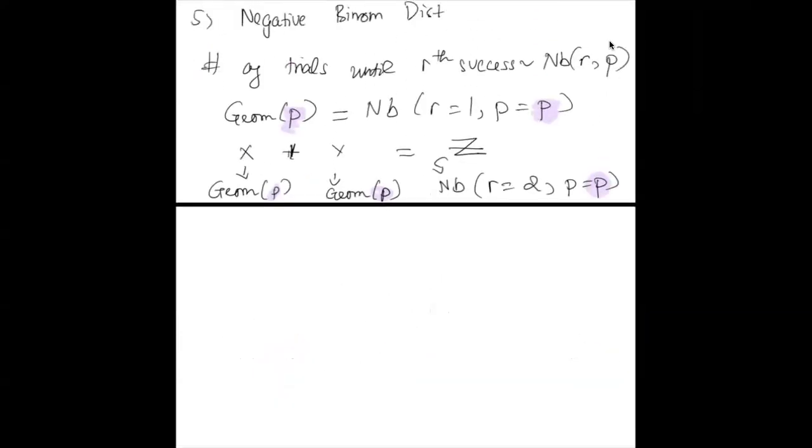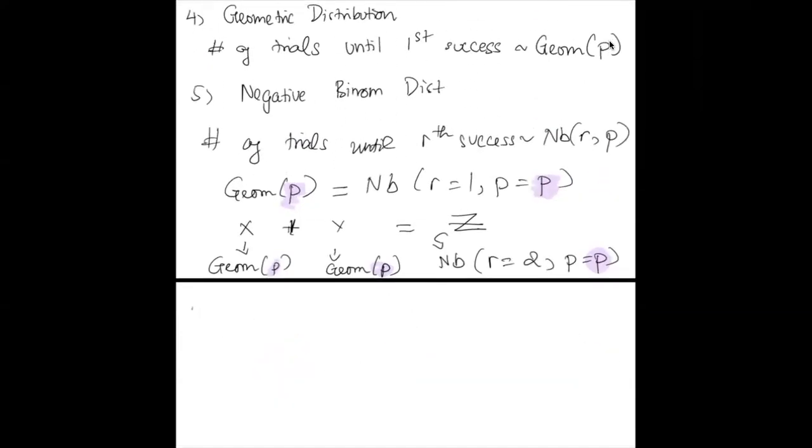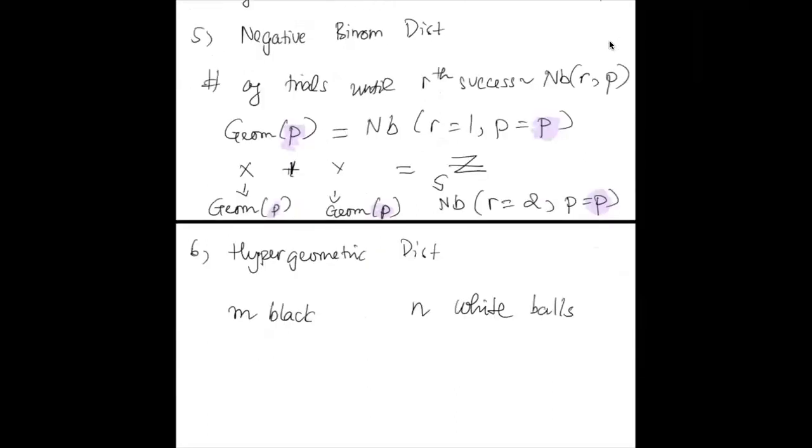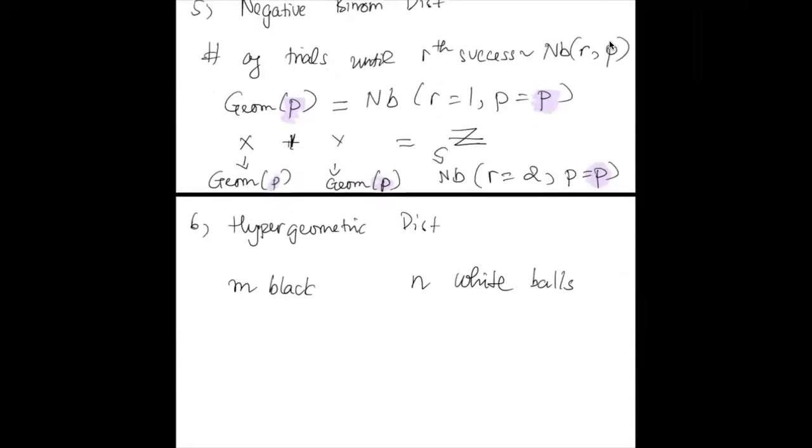One last thing, hypergeometric distribution. Let's say you have m black balls and n white balls, and you sample r balls out of it.